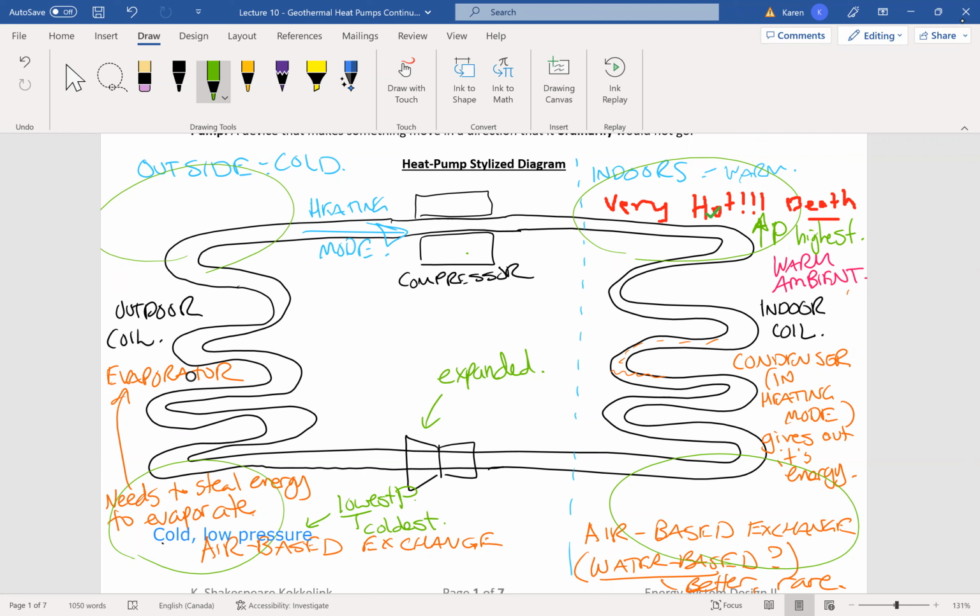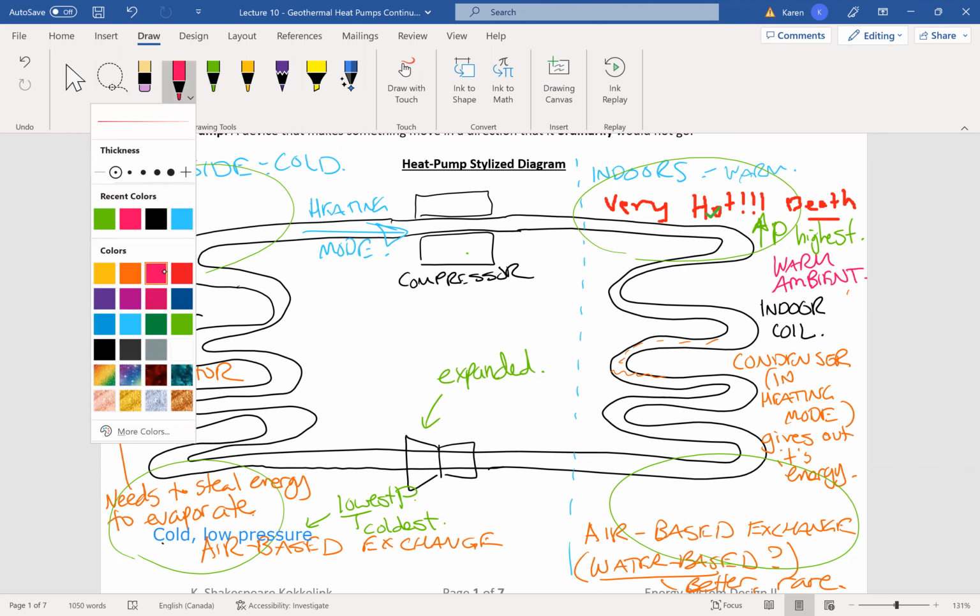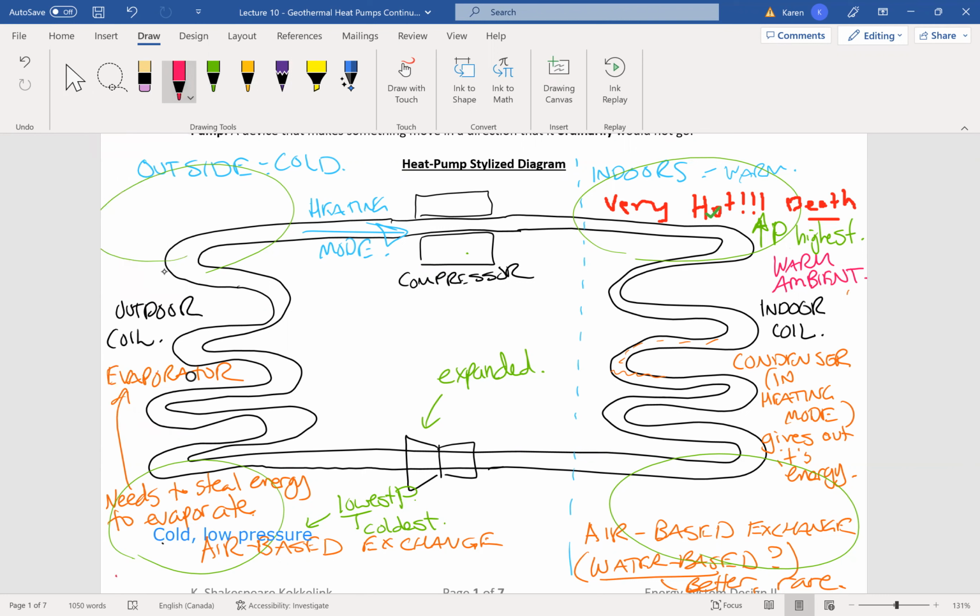Why did we have to expand it to make it so cold? Because outside it's pretty cold and I still need to grab some heat from outside, right? So this is my cold ambient air. And this is what everybody's arguing with me about, saying, but it's cold outside. So what do you do? You make it colder than cold. Sure, it's cold in Canada.